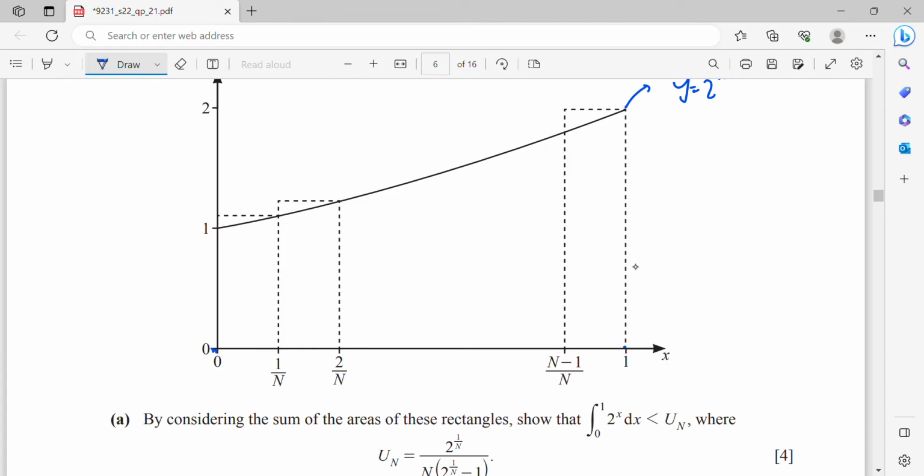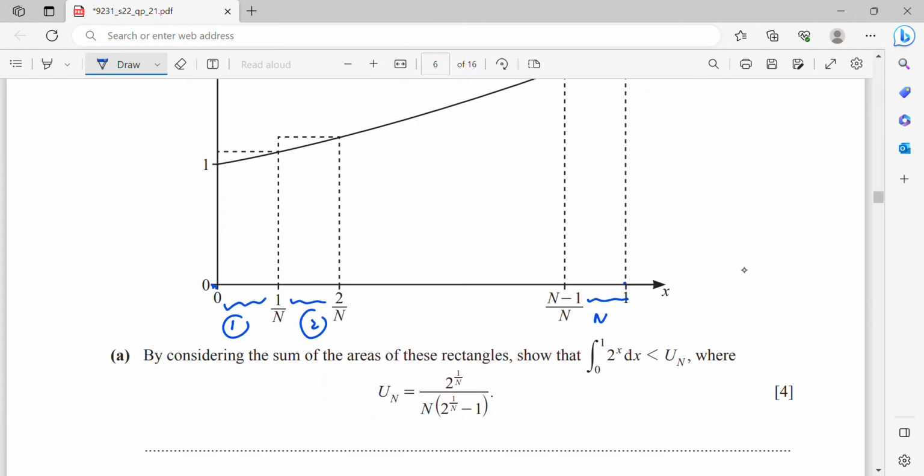This is the first rectangle, this is the second rectangle, this is going to be the nth rectangle. The width is 1 over n all the time. That's why 2 over n minus 1 over n is 1 over n. This will be the width.